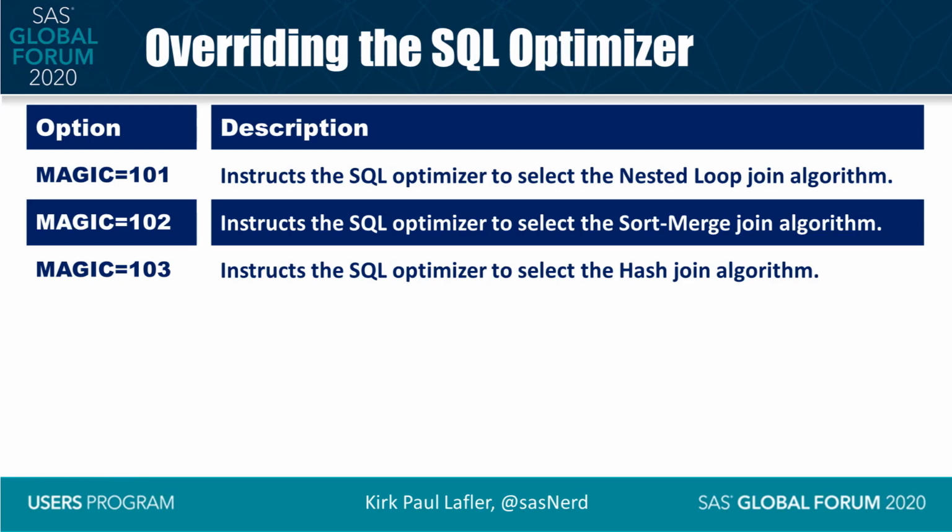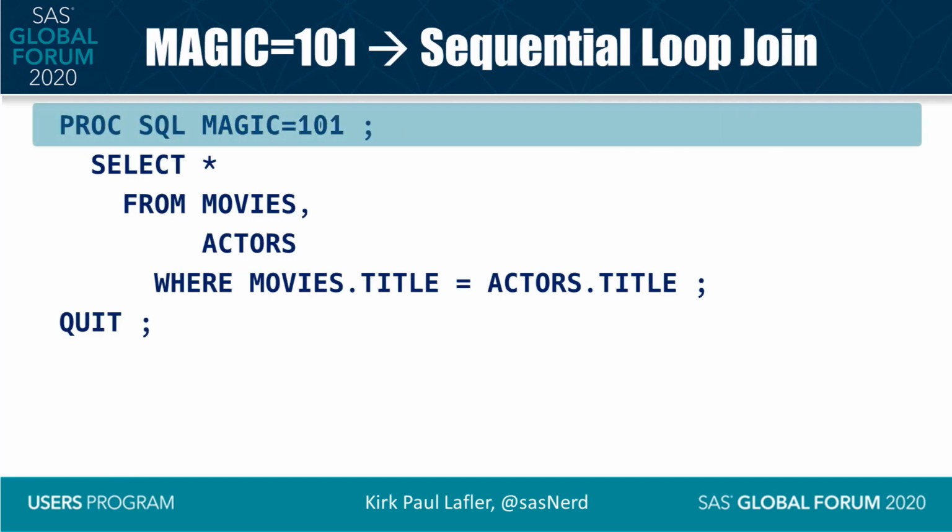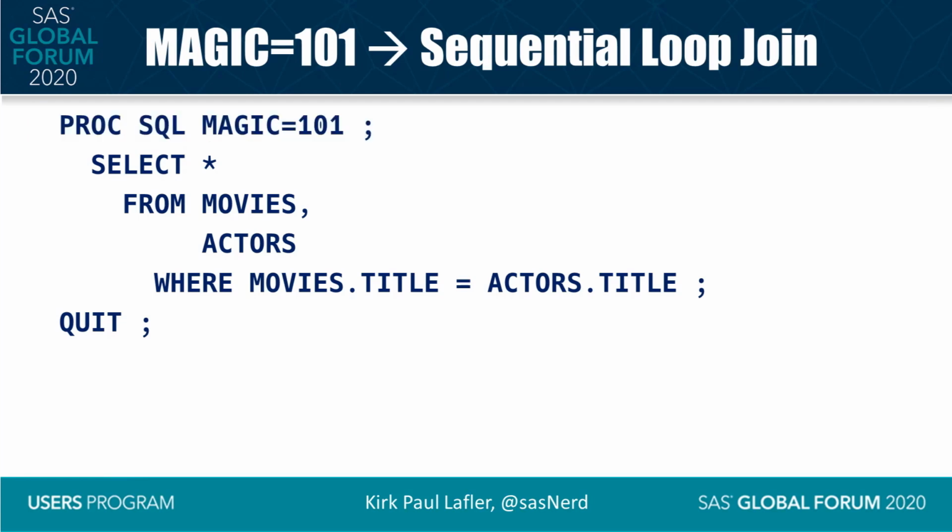Let's take a look at the MAGIC equals 101. We're asking the SAS optimizer to choose the sequential loop join. So we're going to specify MAGIC equals 101 on the PROC SQL statement, and then whatever join construct that we've specified. In our example here, we have an intersect.